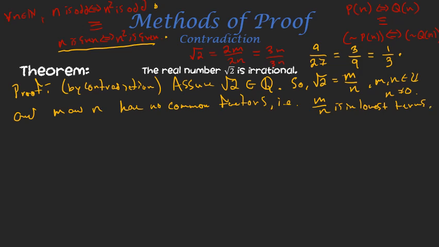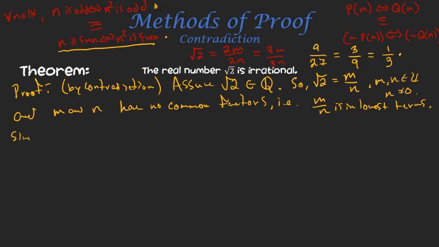Cool. So let's see here. I have square root of 2 equals m over n. What I'm going to do is take this equation and square both sides. I'm going to get rid of the square root. Maybe that seems natural for some of you to do.